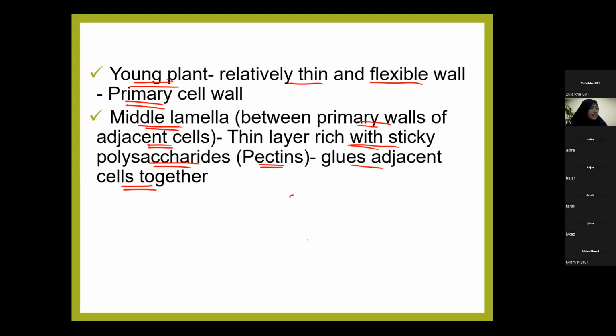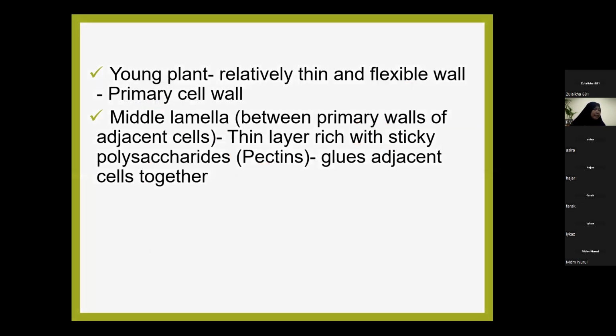Satu plant cell, let's say this is one plant cell, this is another plant cell. Okay, so tengah-tengah antara plant cell dengan plant cell yang lain ni ada middle lamella. Alright, so the middle lamella helps to glue the plant cell together. Sebab tu sifat dia, it's sticky. Alright, that composed of polysaccharide known as pectin.